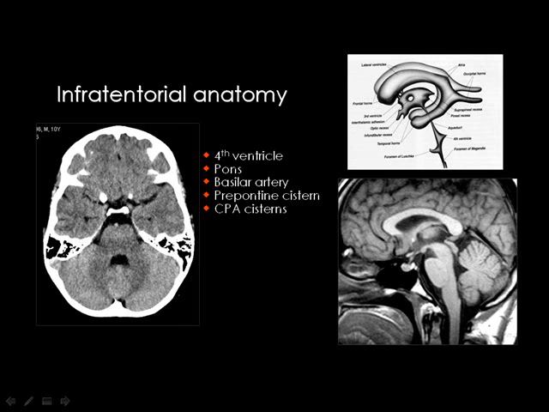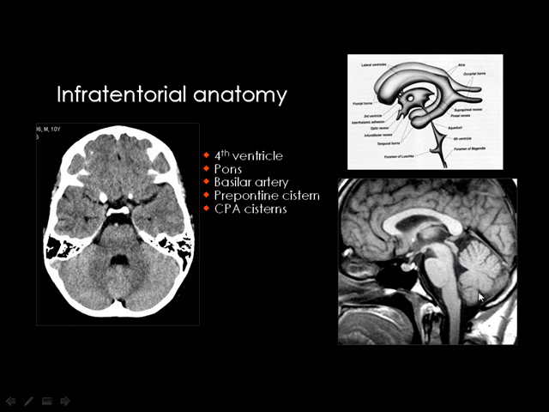In order to know the anatomy, we should identify the ventricle, then we know the rest of the anatomy. If you look at this MR image, this is the brain tissue, this is the cerebellum, and this is the brainstem. You can see that the fourth ventricle is located between the cerebellum and the brainstem.